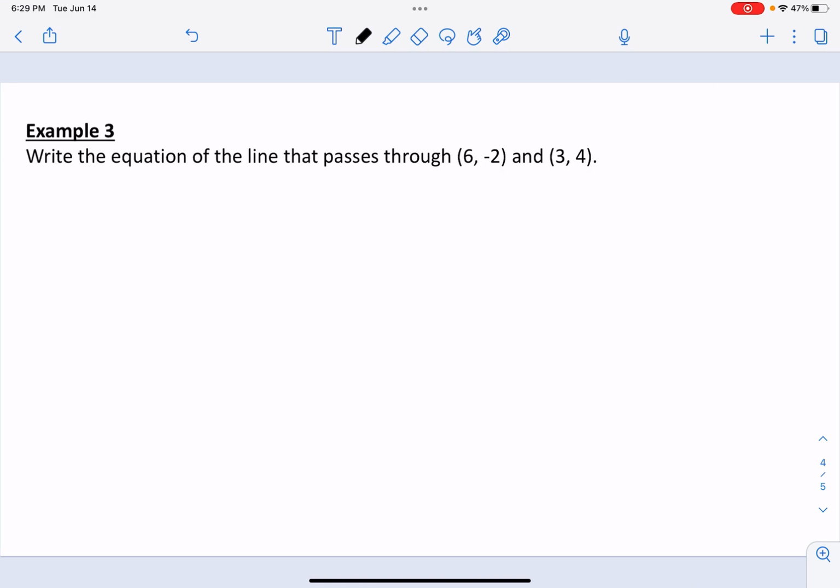Okay, another one like this. So I have to find my slope. 4 minus a negative 2 over 3 minus 6.